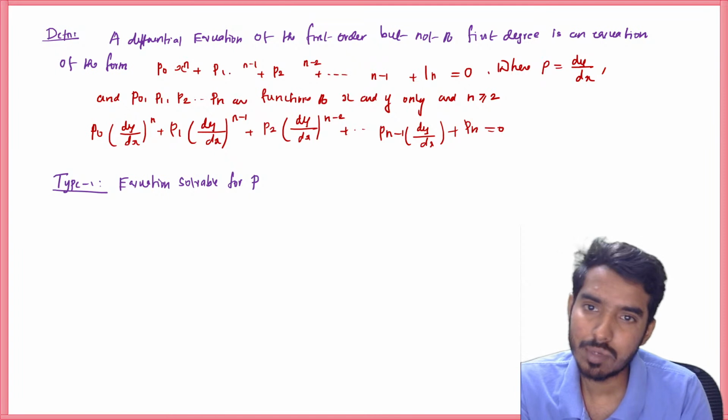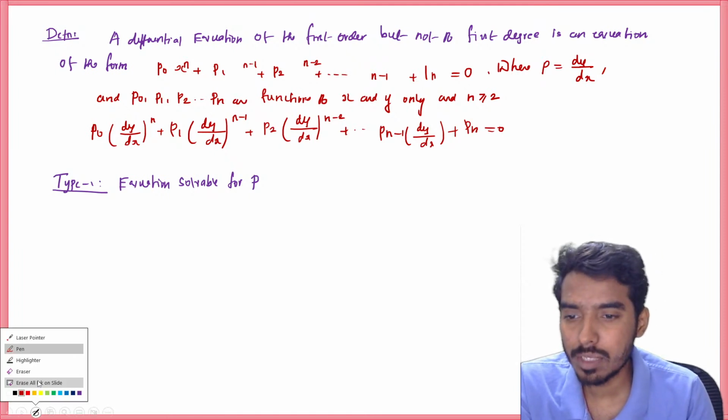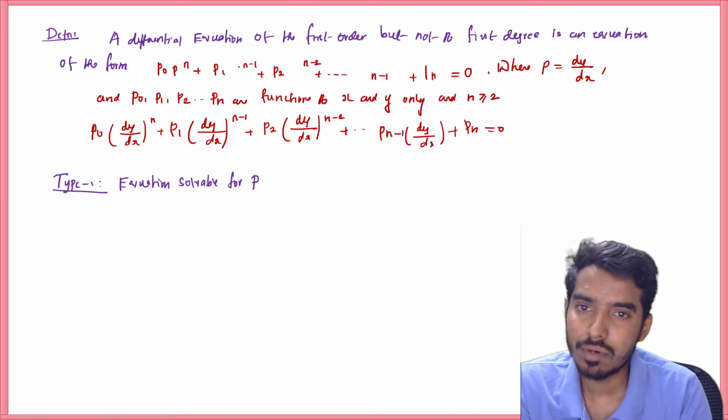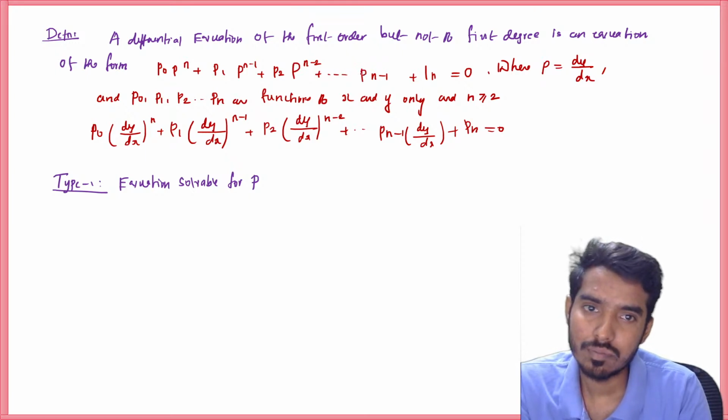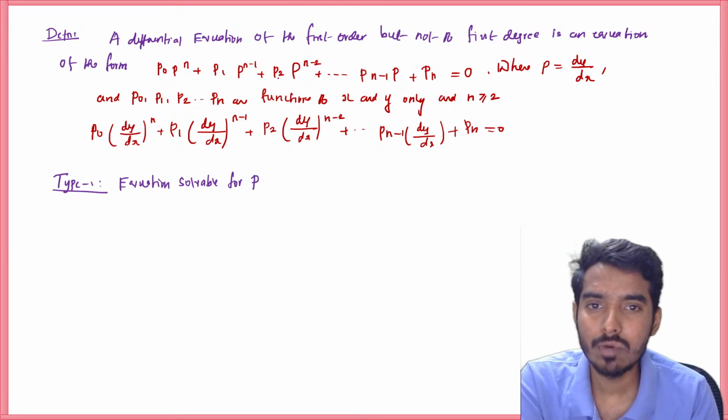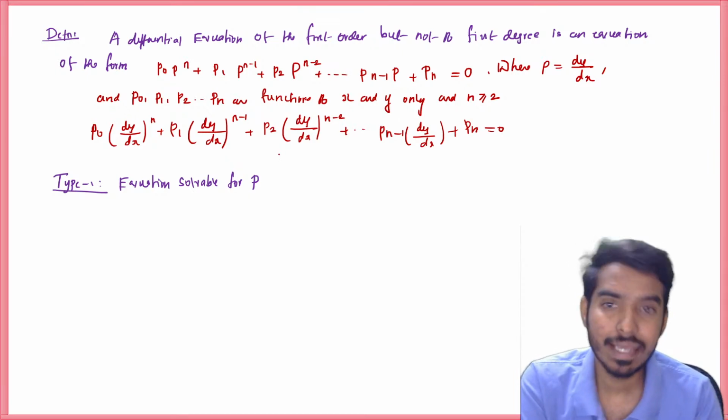P naught p power n, and so on. This p is dy by dx, right? This p naught, p1, p2, pn minus 1, pn are functions of x and y. So equation solvable for p, this is called type 1, right?